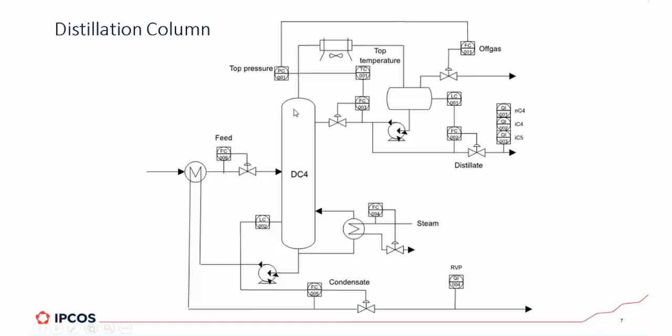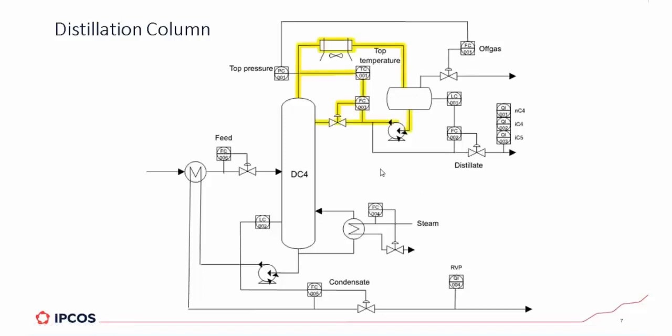The idea is that the butane and the lighter components are extracted from the top. C5 and heavier components go through the bottom.